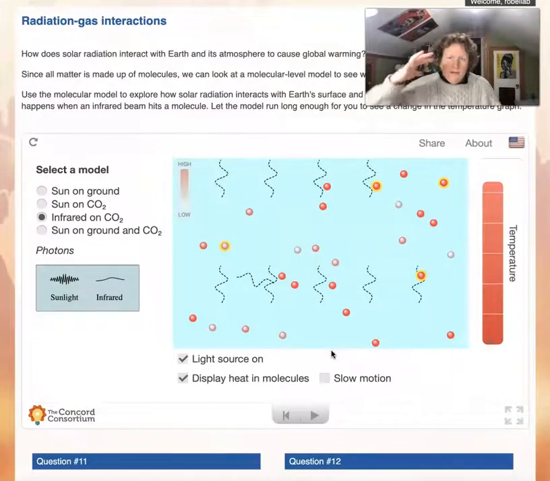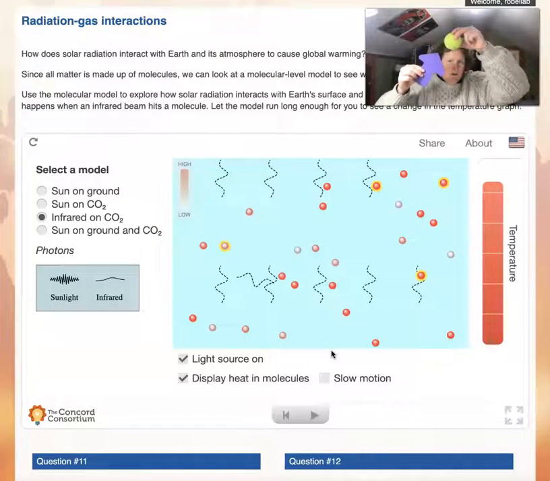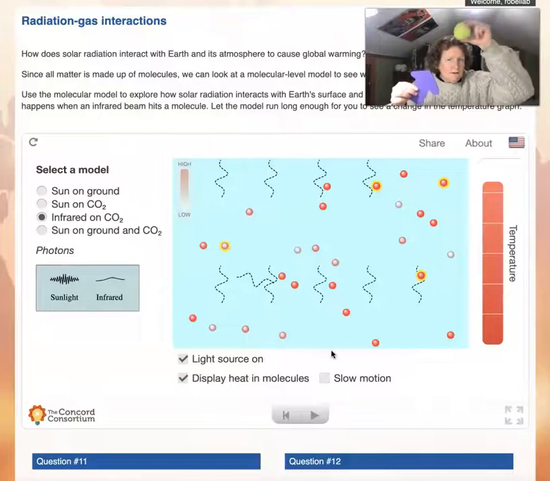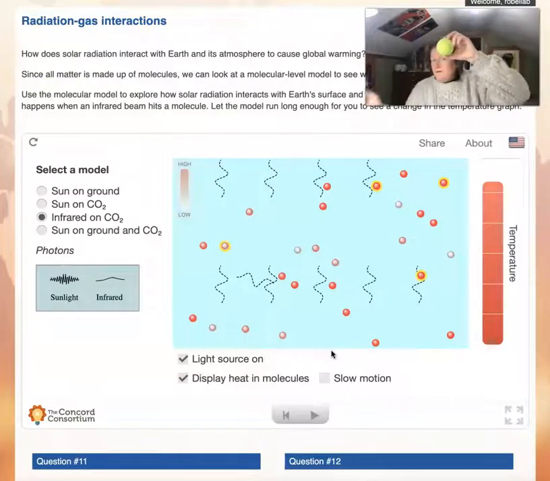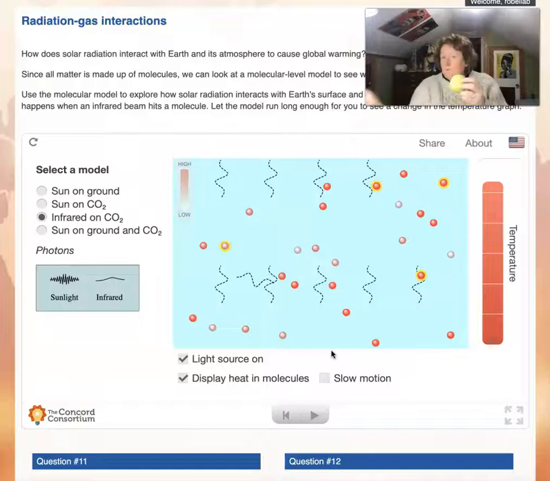So that is how infrared radiation interacts with the carbon dioxide. It heats up the carbon dioxide, it vibrates faster, and then eventually it cools and re-radiates that infrared in a different direction. And that infrared usually doesn't go up. It usually goes sideways or down and back into the Earth's atmosphere.